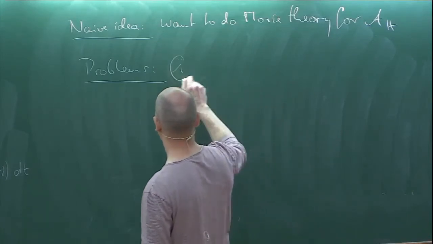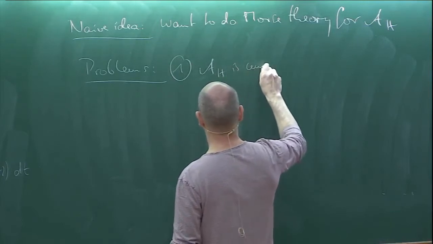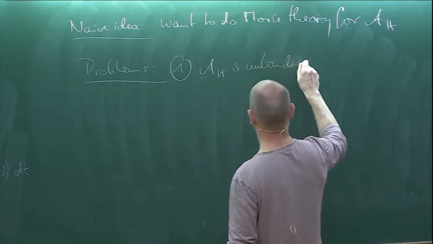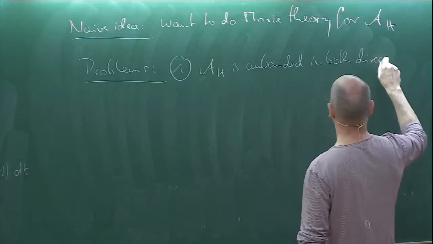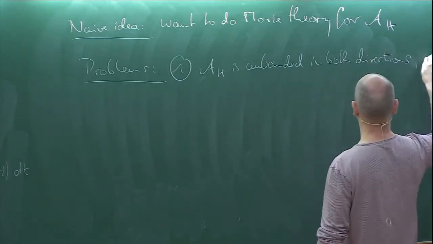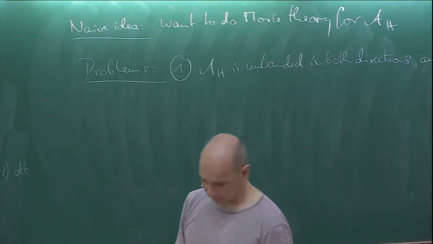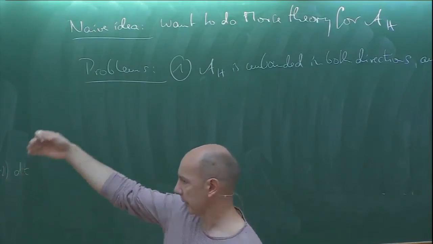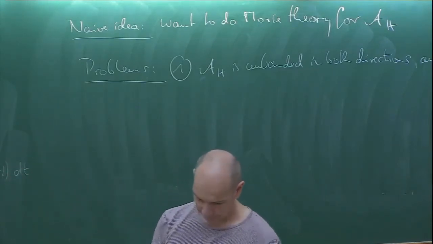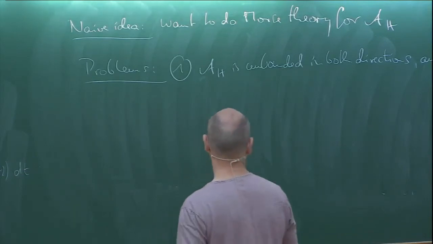So AH is unbounded in both directions. And what's worse, the Morse indices, if you look at a non-degenerate critical point of AH, Morse indices and Morse co-indices are both infinite.